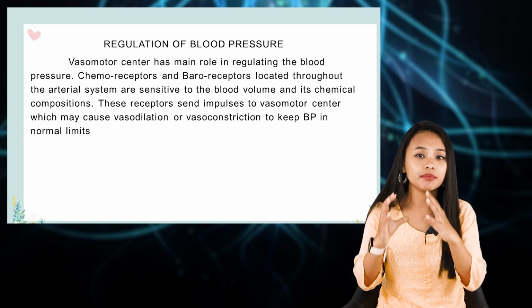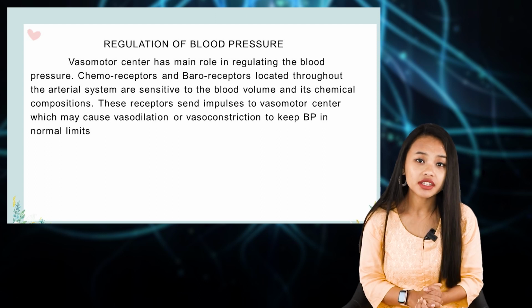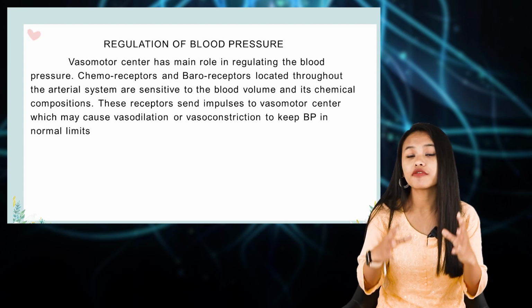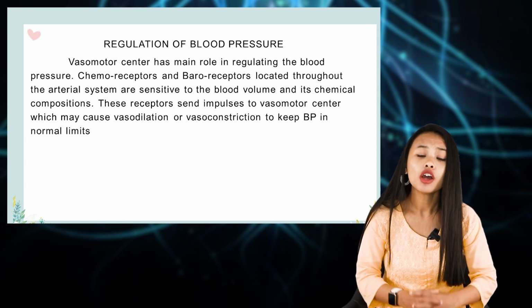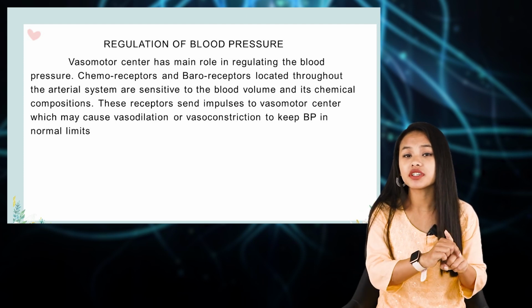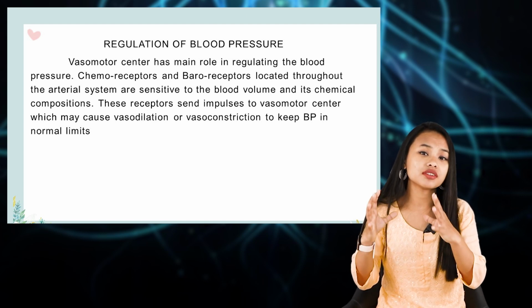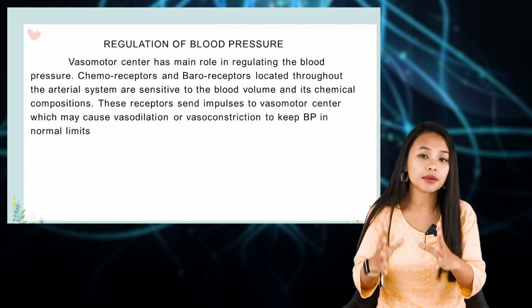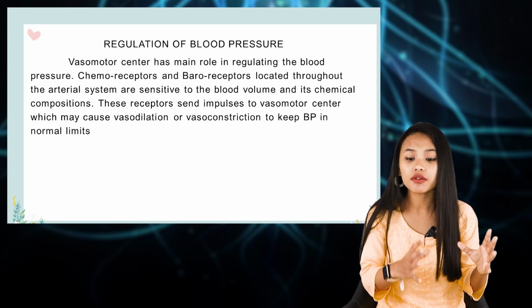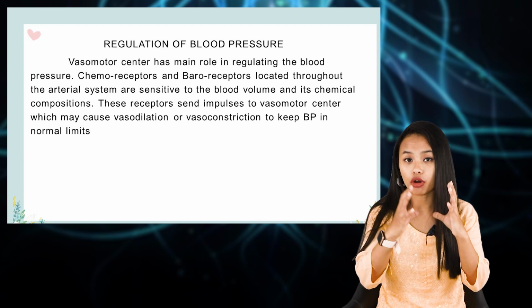a normal limit. So again, this vasomotor center is responsible for regulating the blood pressure. The chemoreceptors and the baroreceptors are located in the arterial system and are very sensitive to the blood volume as well as its chemical composition.